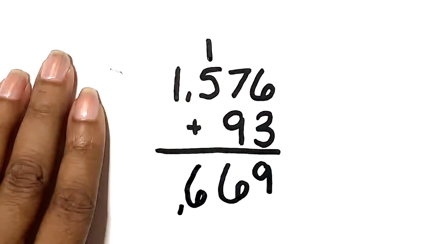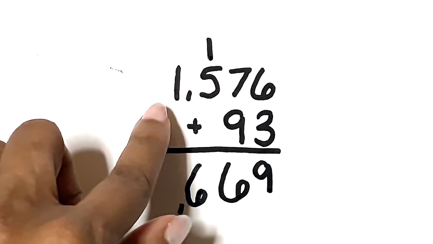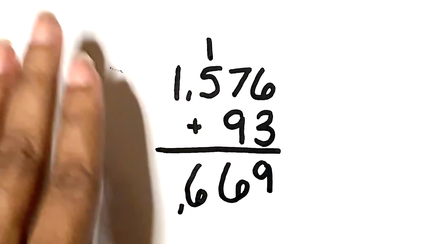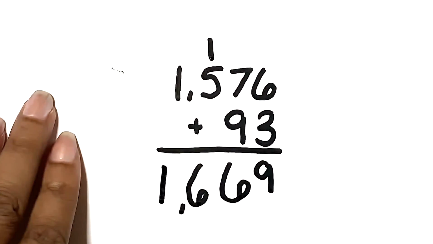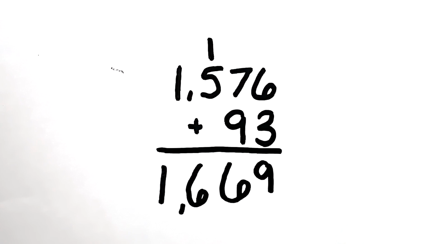Put a comma there. Since there's no number at the bottom of number 1, we're going to bring number 1 down. Okay. Alrighty. So, 1,576 plus 93 equals 1,669. So 1,669 is an odd number.